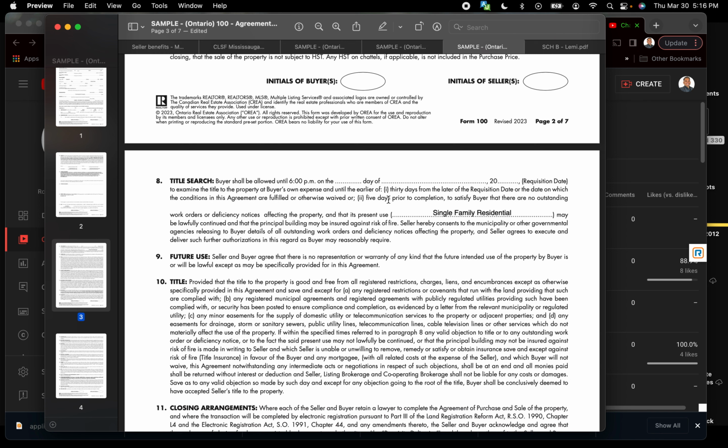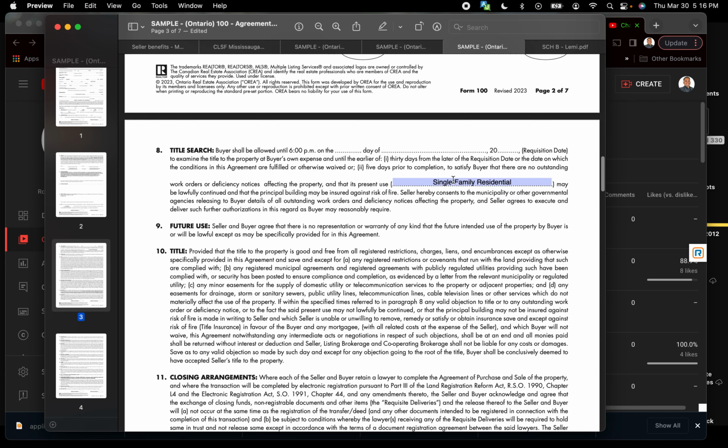Usually we like to put this a couple of days before the closing date, but industry sometimes suggests that they want to put that a week before. Don't worry if that's the case; it's not a big deal. But we usually like to aim for 2 days before the closing date. And again, this is what this home is going to be used for, which is single family residential.